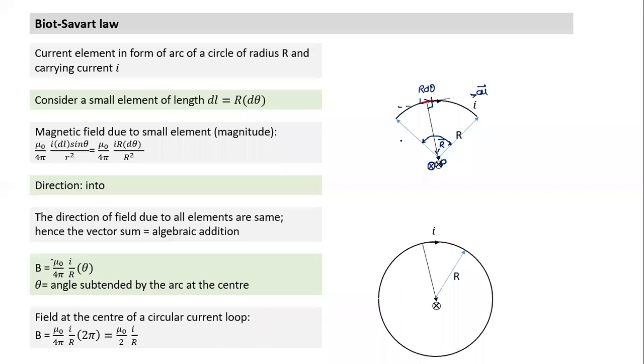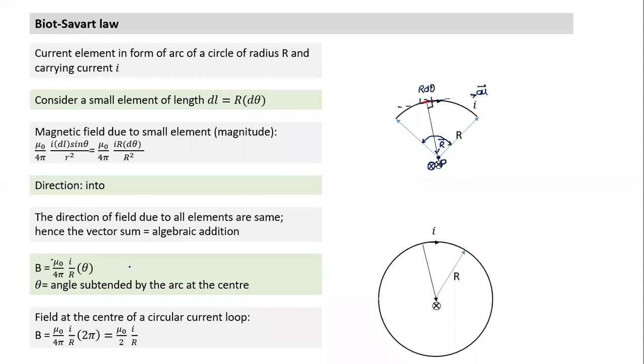No. Here also we can calculate the field only at the center of the arc, not at any other point. Later on also we can't calculate the field, that becomes too complex. We can calculate the field due to one arc of a circle only at its center. And mu naught I by 2r is the formula. If you remember, this is much better: constant into I by r into theta. That's the field.